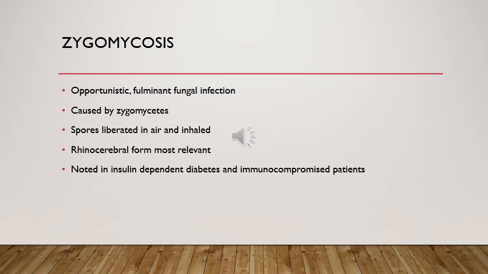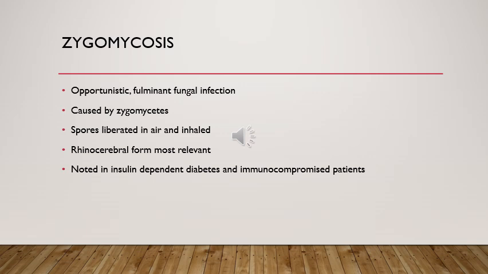Only when the host environment is favorable for their growth do they make use of the opportunity to grow inside the human and produce the clinical symptoms and signs. And it is also called fulminant because it follows a very short duration, is very acute and highly destructive. In a very short span of time, it is able to cause a massive destruction in the human being. That is why it is called an opportunistic fulminant fungal infection.